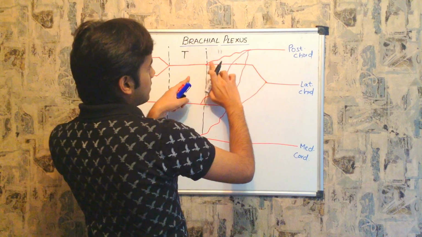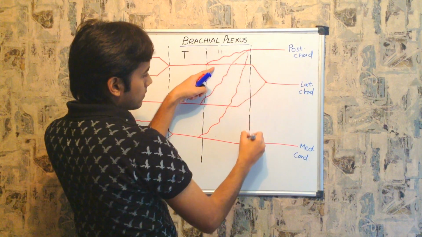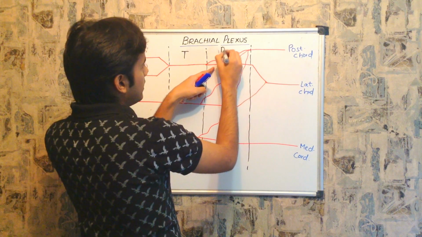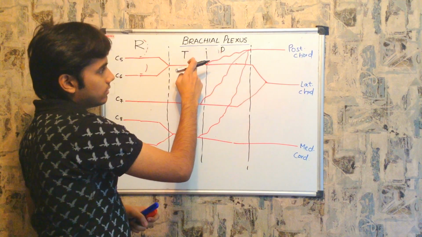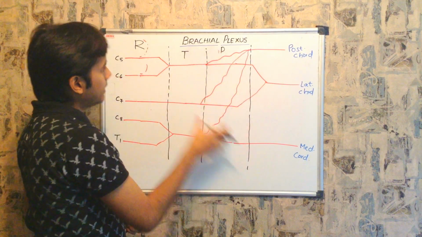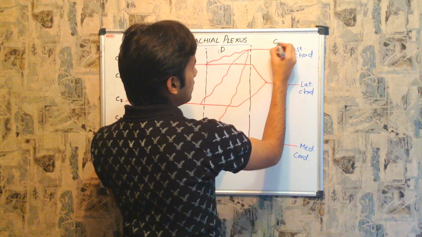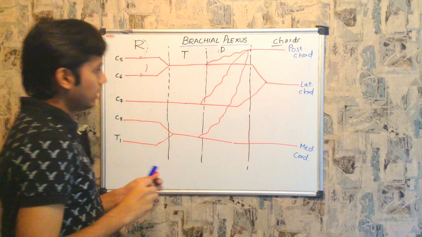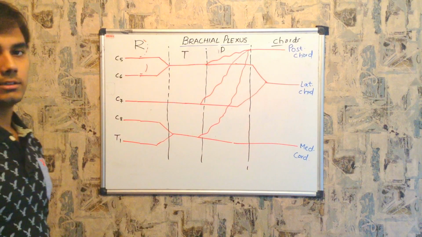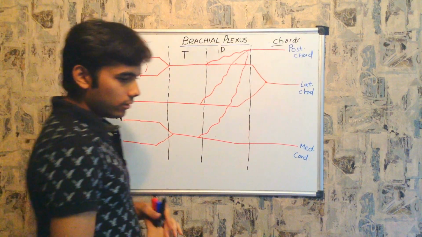And next, divisions. These are the divisions of the brachial plexus. And finally we found the cords of the brachial plexus.